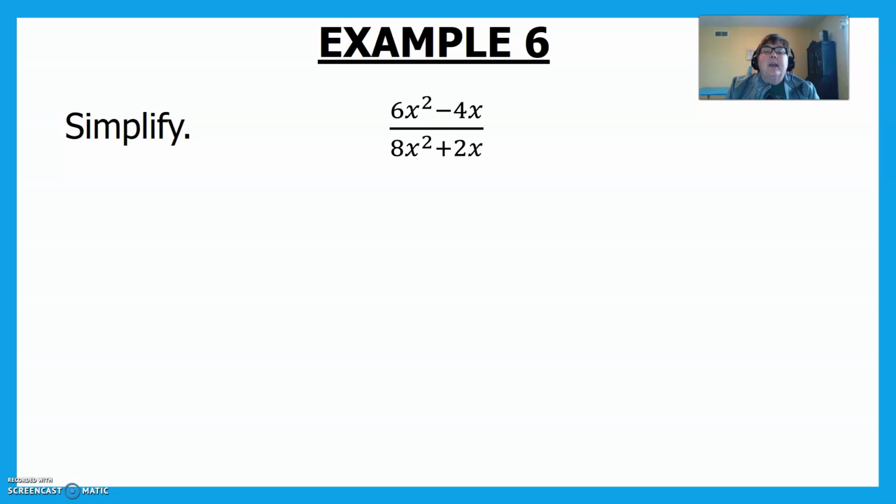Okay, so I look at 6x squared minus 4x and look for the GCF, and they both have an x, and the biggest number that goes into both 6 and 4 is 2, so it looks like a 2x. And then let's look at the bottom. They both have x's, and what goes into both 8 and 2? Well, 2.